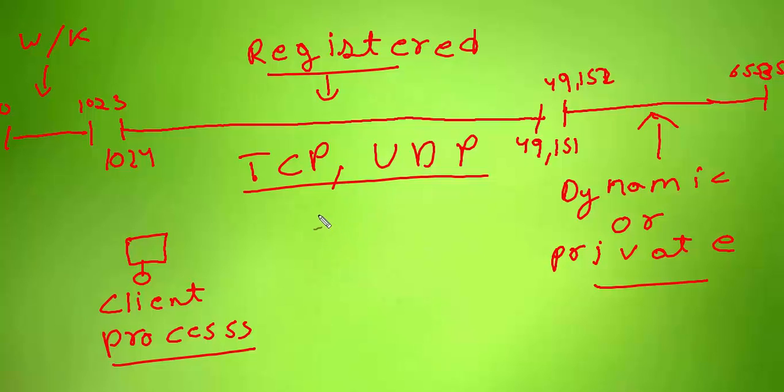The ephemeral port number is recommended to be greater than 1023. So why? For the client server program to work properly.